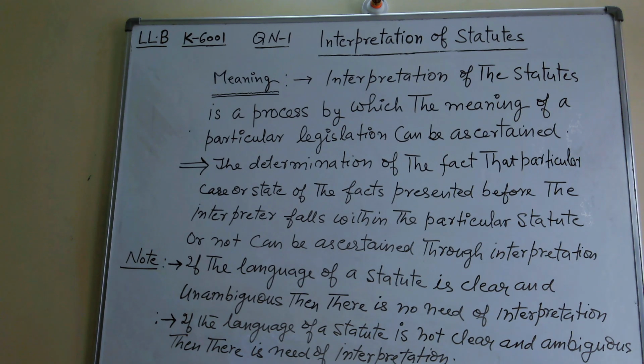My dear friends, I am giving you the fourth point. These points are very essential to know the meaning of interpretation. Fourth point, the words used in a particular enactment generally contain two forms. First, literal form. Second, grammatical form.